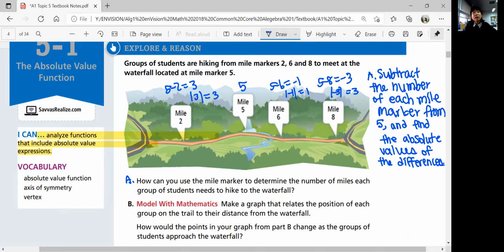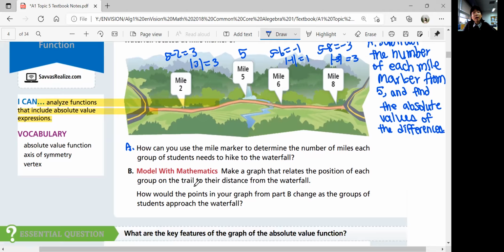Part B, make a graph that relates the position of each group on the trail to their distance from the waterfall. And how would the points in your graph in part B change as the groups of students approach? Oh, that's actually part C. So you're going to put the points, like 2, 3, because it relates the position of each group.